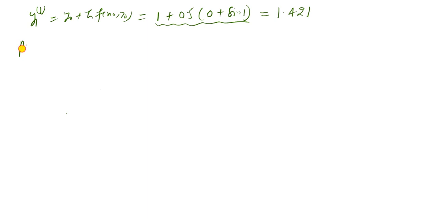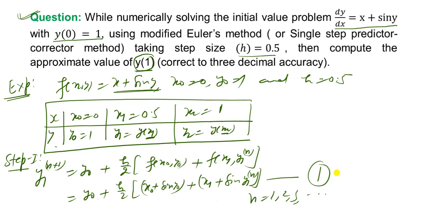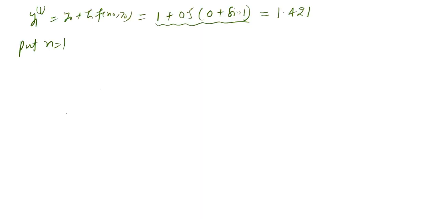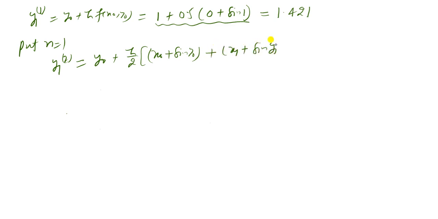Now put n is equal to 1 in equation 1, so we obtain y12 is equal to y naught plus h upon 2 x naught plus sin y naught plus x1 plus sin y1 1.